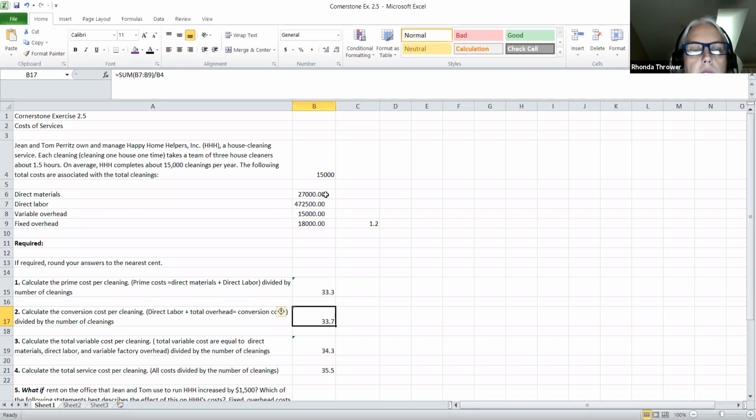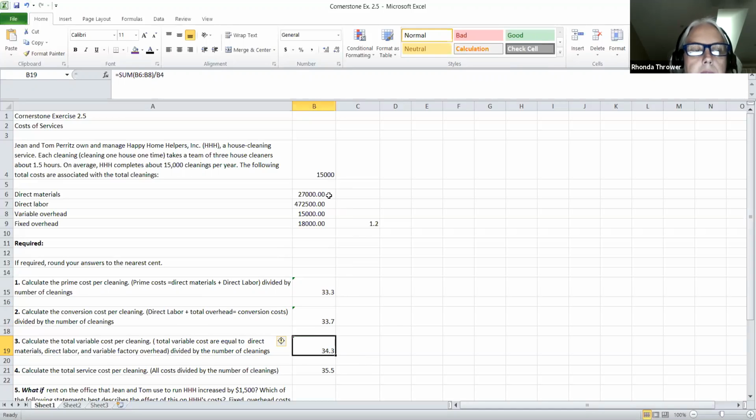You would combine your direct materials, your direct labor, and your variable overhead together to get the total variable cost. And we would divide that by the number of cleanings, which again is 15,000. The variable cost per cleaning then is $34.30.